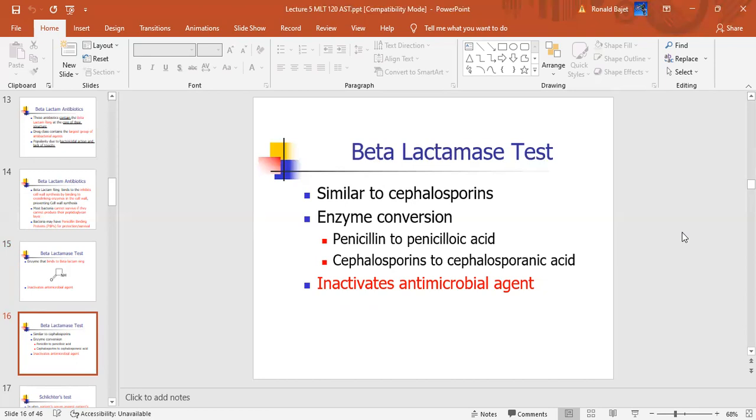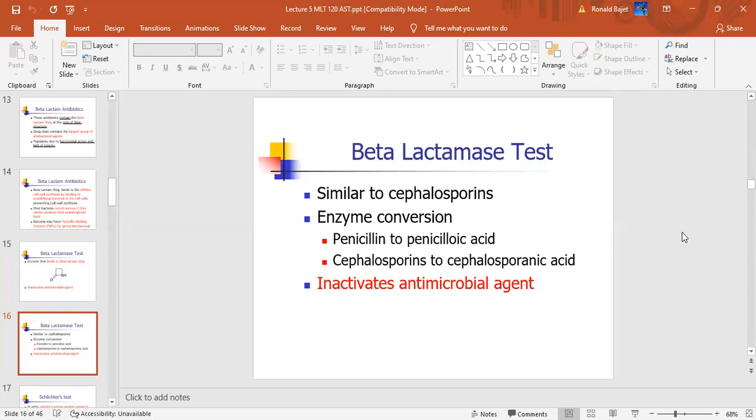Okay, similar to cephalosporins, enzyme conversion: penicillin goes to penicilloic acid, cephalosporin goes to cephalosporanic acid, which inactivates the antimicrobial agent. That's what beta-lactamase does. It will inactivate the antibiotic. We don't want an organism that has beta-lactamase.